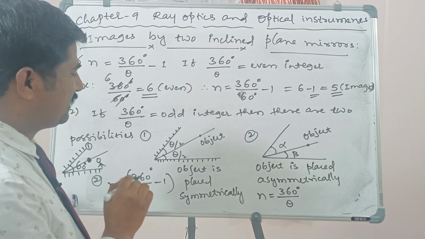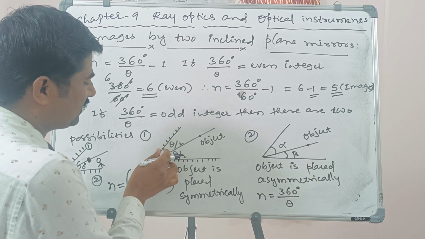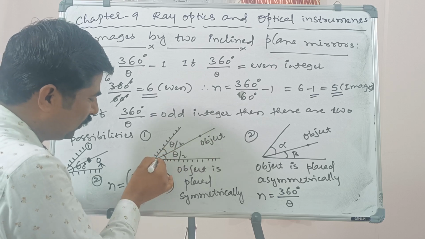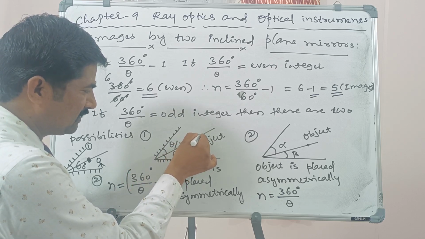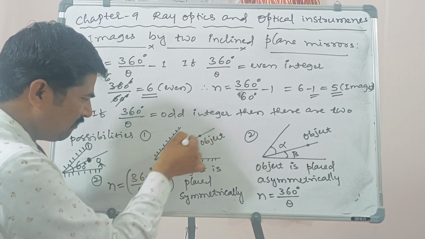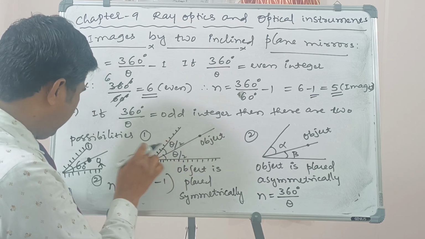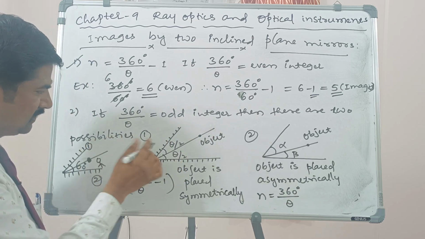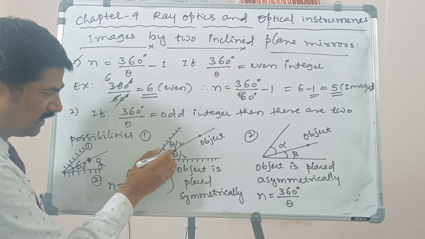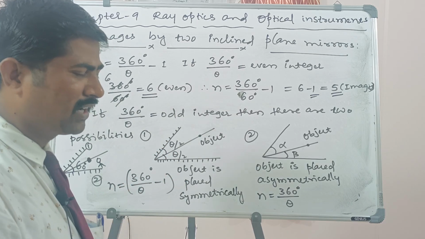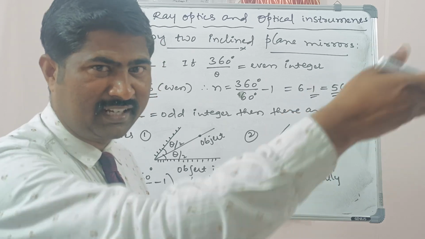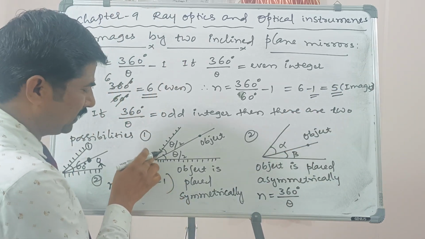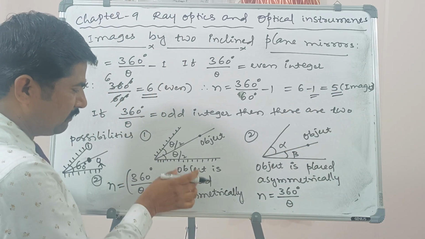Symmetrical means the object is placed midway between the two mirrors, exactly at the middle, theta by 2 on each side. If I take 60 degrees, then theta by 2 is 30 on this side and 30 on that side. In this case, the object is considered exactly symmetrical. Symmetrical means exactly midway between the two mirrors. So this is called symmetrically placed.